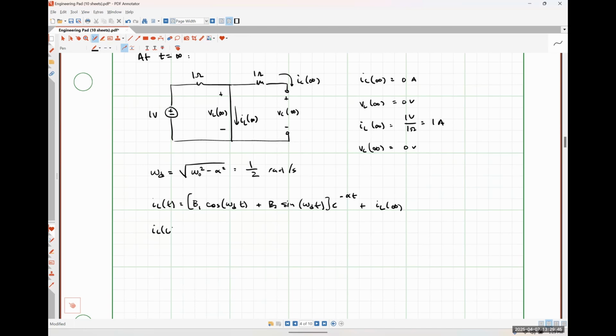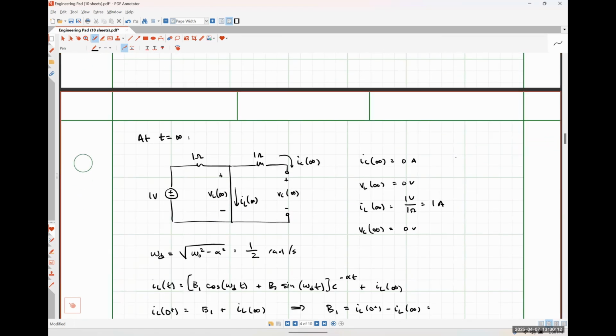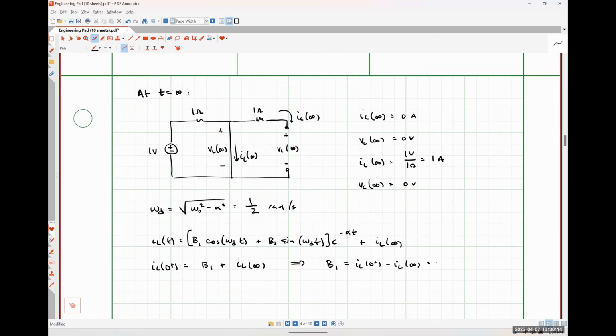Evaluating this at t equals 0 plus, the only thing that's going to survive is B1. So B1 is going to be equal to IL at 0 plus minus IL at infinity. IL at 0 plus was 0 amps. IL at infinity is 1 amp, so B1 is negative 1 amp.